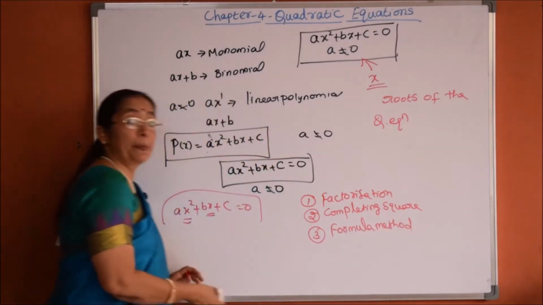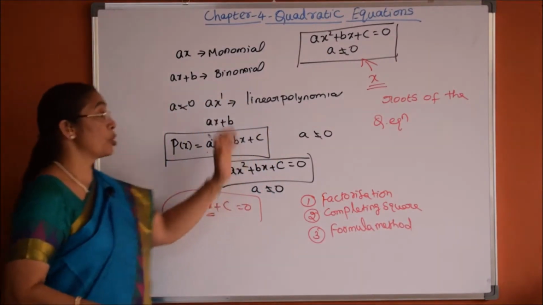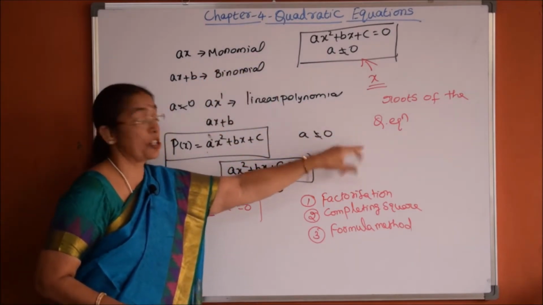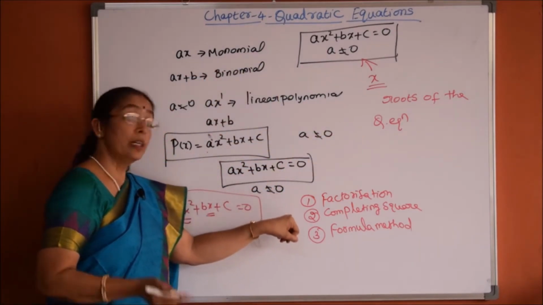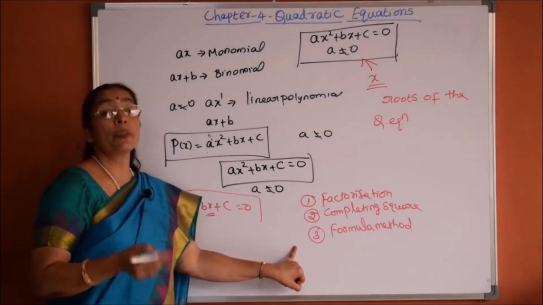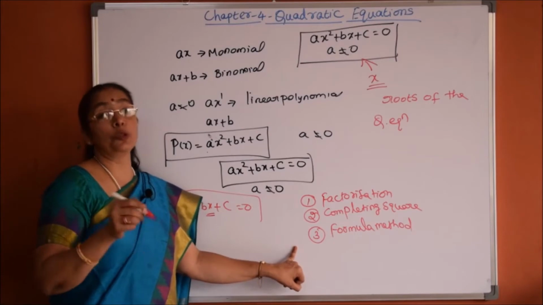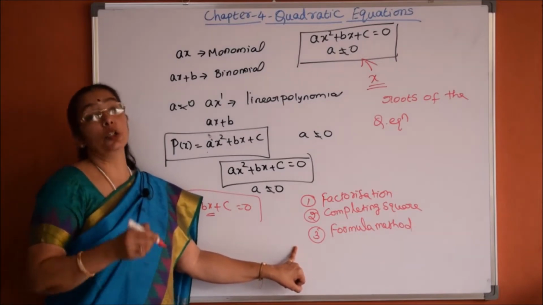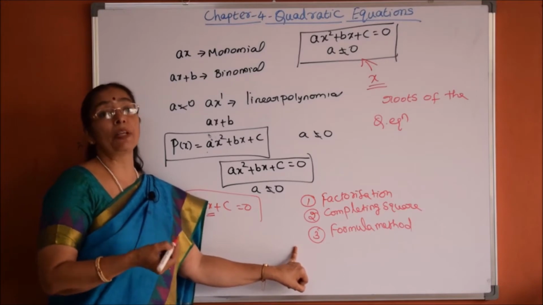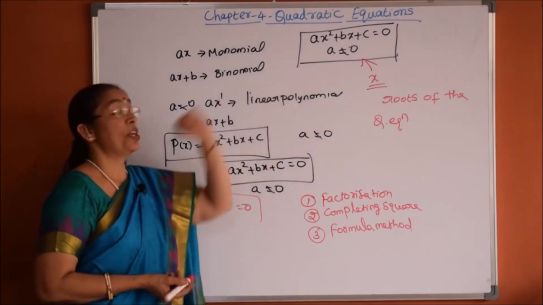We will learn how to find the roots by these methods, and also how to find the nature of the roots without finding the roots. Finally we will learn how to solve application problems using quadratic equations.